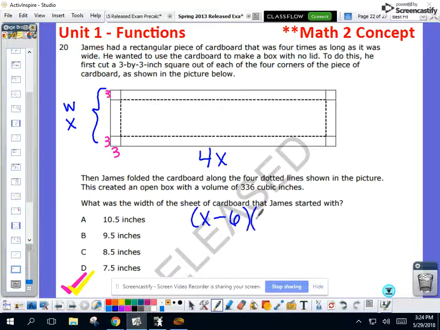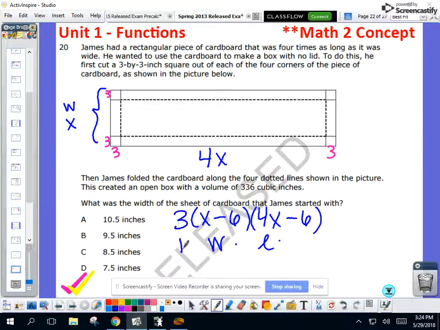The length similarly is 4x, but then we trimmed off 3 inches on either side, so it's 4x minus 6. So there's the width and the length. But this question's asking us about volume, and volume is length times width times height. The height of this box would be 3 inches if we fold up those 3-inch squares that we cut out.